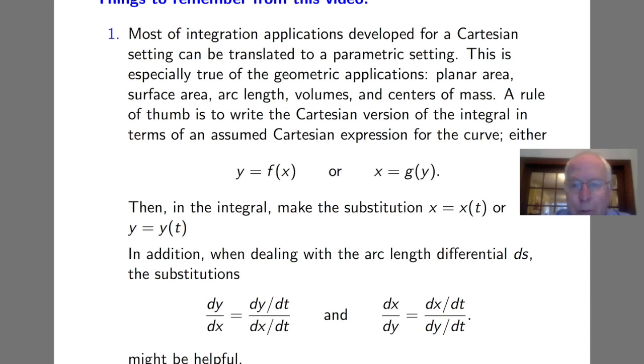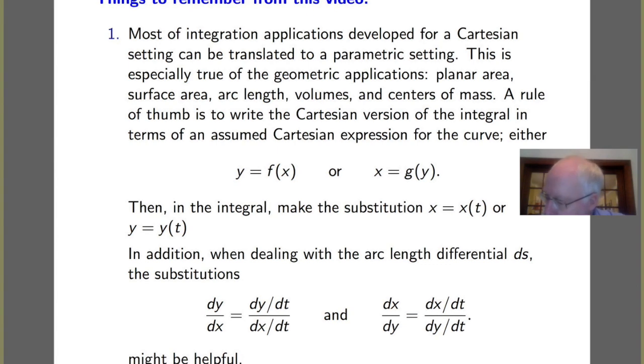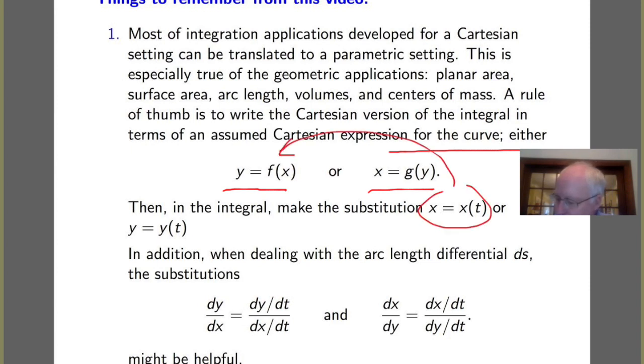And the rule of thumb is to write the Cartesian version of the integral, as we did, in terms of some Cartesian curve, either y equals f of x or x equals g of y. And then we make the substitution, x equals x of t if we're dealing with this form, x equals g of y, y equals y of t if we're dealing with that right-hand form, and change to an integral involving the t variable.